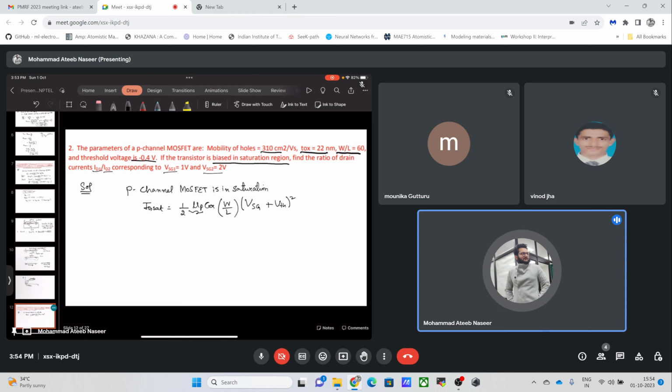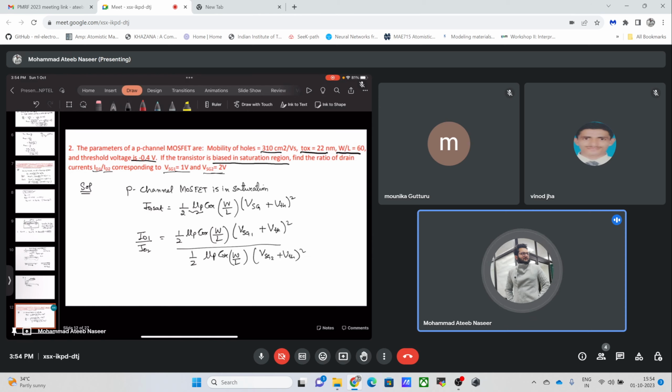Now we are required to find this ID at VSG equal to 1 volt and VSG equal to 2 volt. I would simply say ID1 by ID2 is 1 by 2 mu P Cox W by L, VSG1 plus VTH, whole squared, divided by 1 by 2 mu P Cox W by L, VSG2 plus VTH, whole squared.